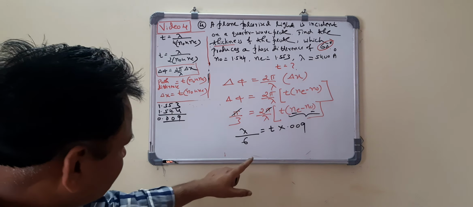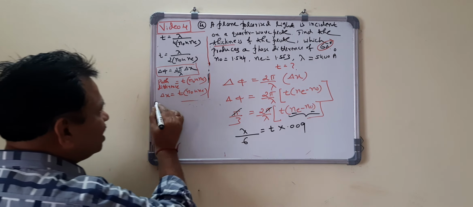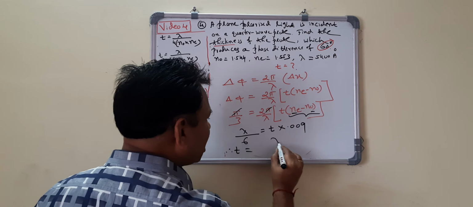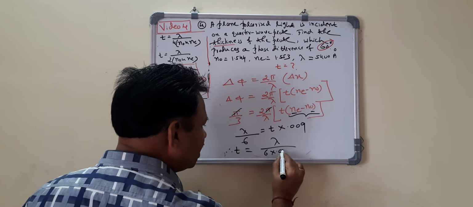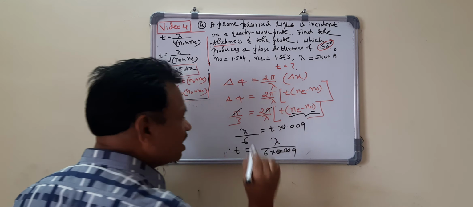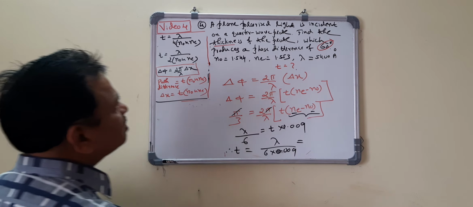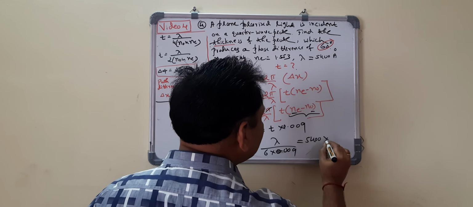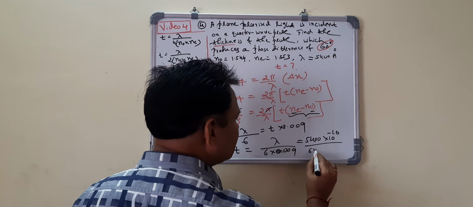You know the value of lambda, so using this I will modify it. Therefore T equals lambda divided by 6 into 0.009. What is the value of lambda? 5400 into 10 to the power minus 9 divided by 6 into 0.009.